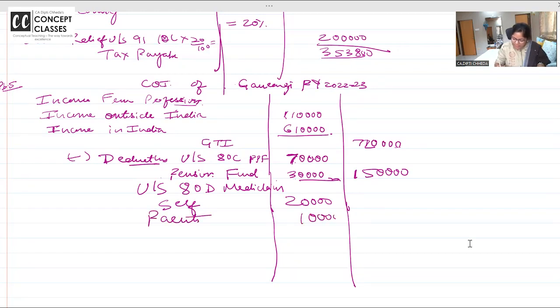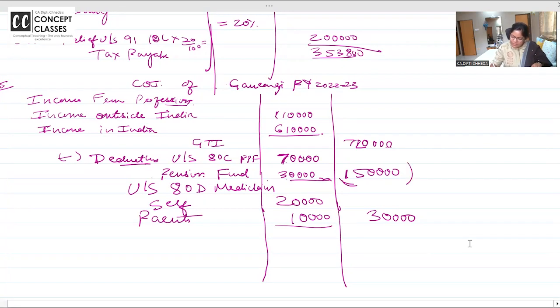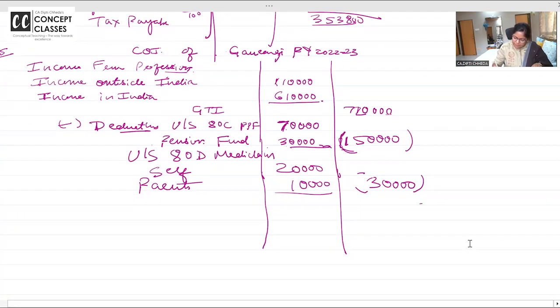She has just paid 10,000, so all the 30,000 deduction will be given. You will give this deduction and this deduction.